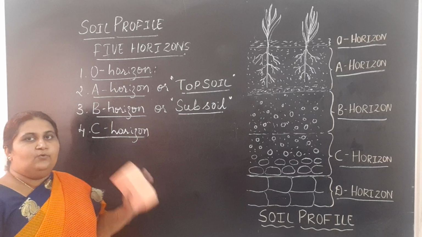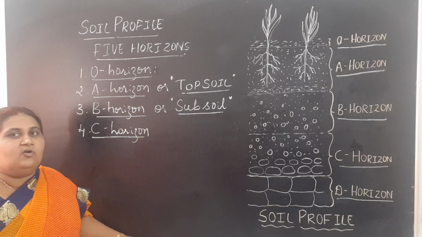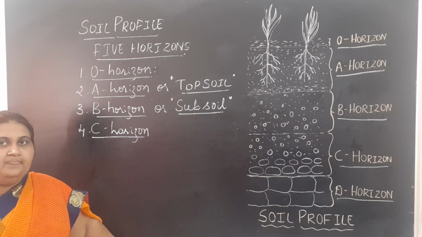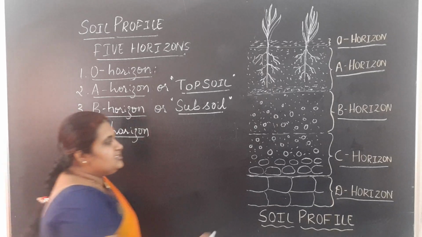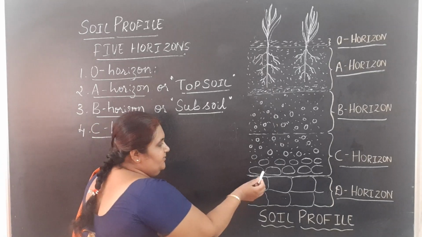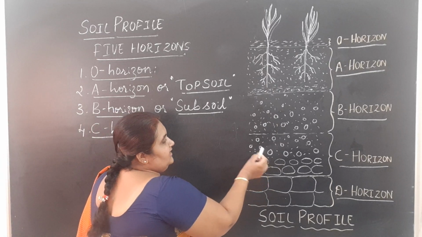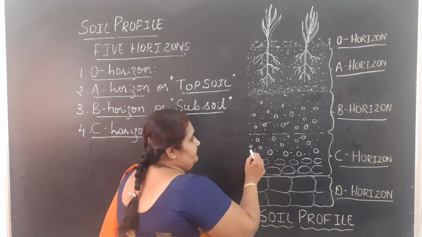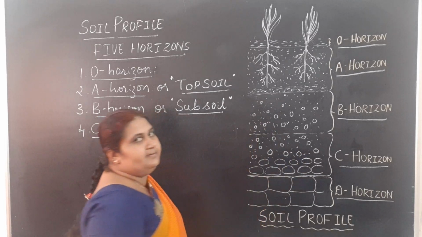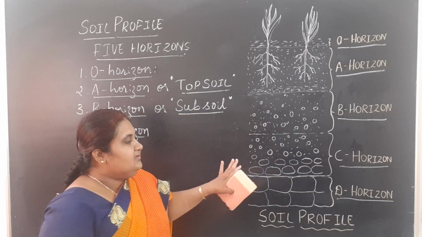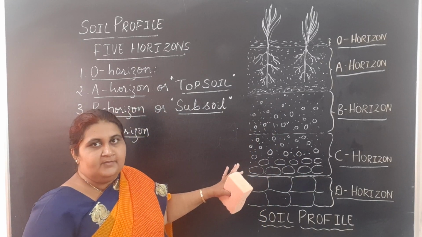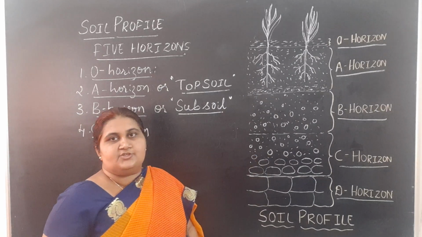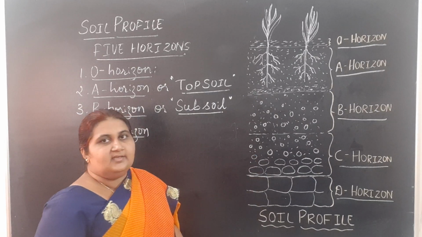The next, the fourth layer, is the C horizon. In this horizon you can see irregular sized rock pieces, particles, present here. The rock is undergoing the weathering process.